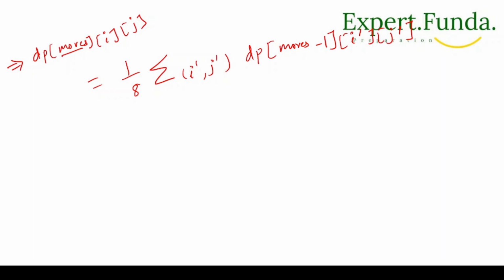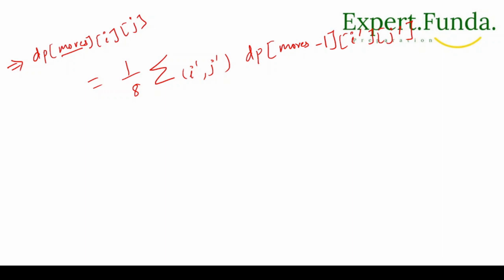To calculate it, we need to consider each cell on the chessboard. So we iterate over all the cells i and j, starting from the top left cell and moving row by row. For each cell, we sum up dp at k ij. This dp value represents the probability of the knight being at the cell after k moves. So by summing up these probabilities over all cells in the chessboard, we obtain the total probability.